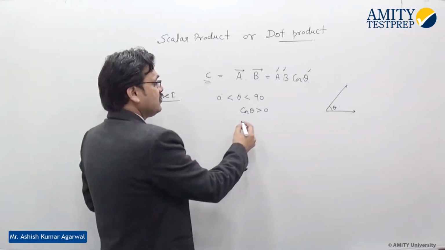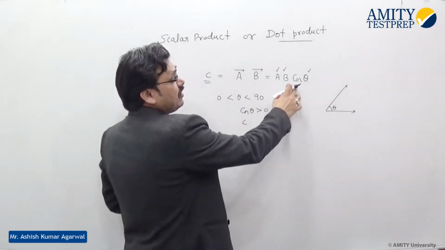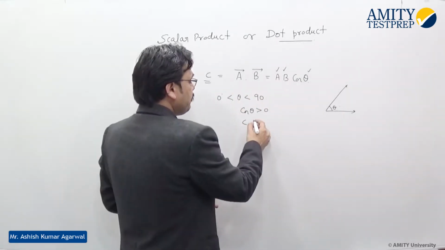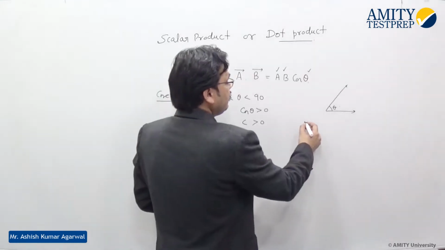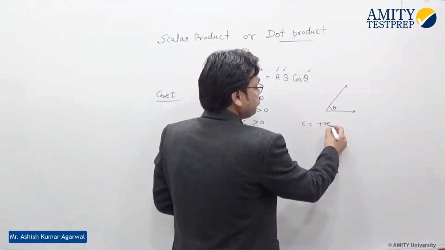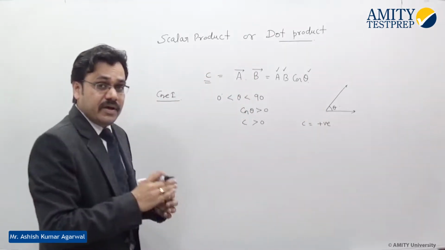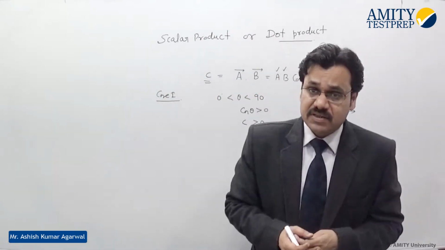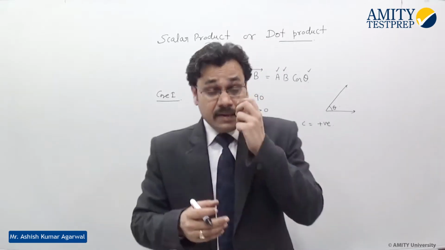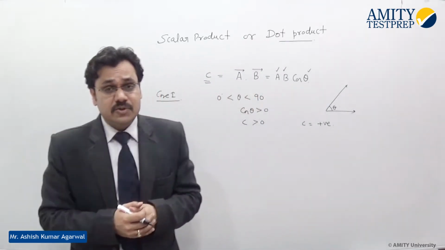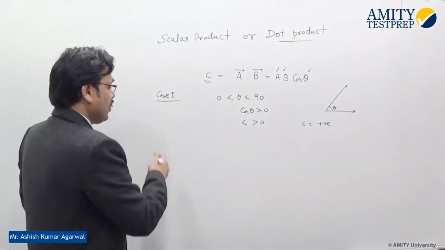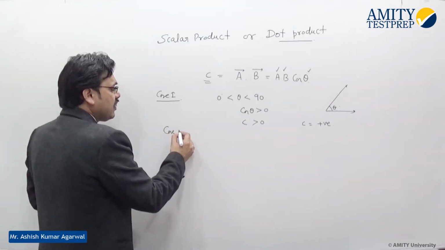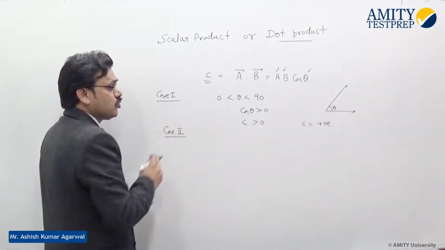So it means when I apply the values, C will be positive, meaning the resultant should be a positive value. It means if the angle between the two vectors which are going to be multiplied scalarly is acute, its magnitude comes to be positive. Now I am considering another case, case 2.